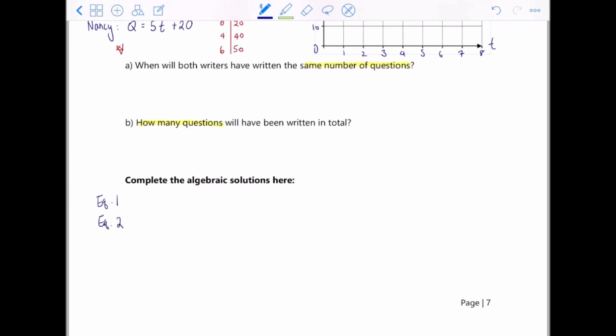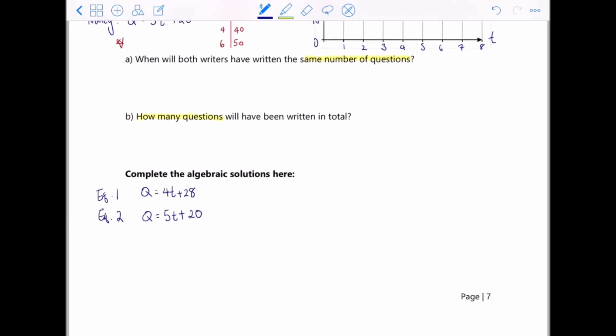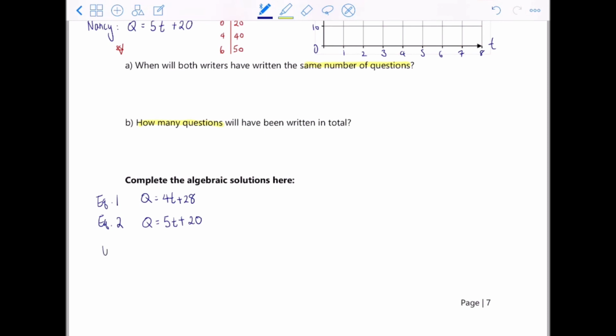The first equation was q equals 4t plus 28, and q equals 5t plus 20. All right, so we're going to follow the same steps as the previous one. Let q equal q.